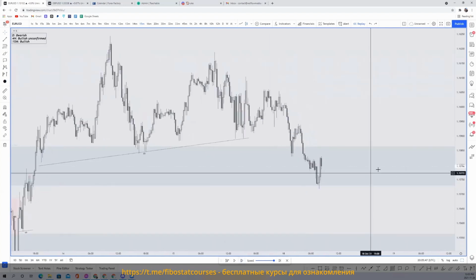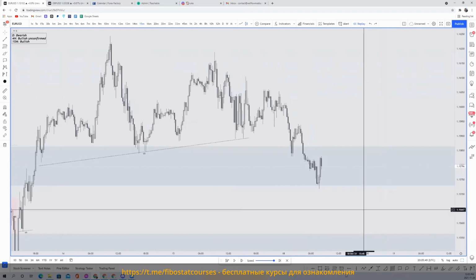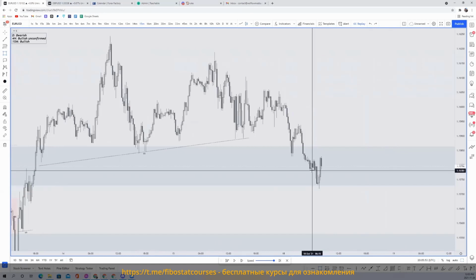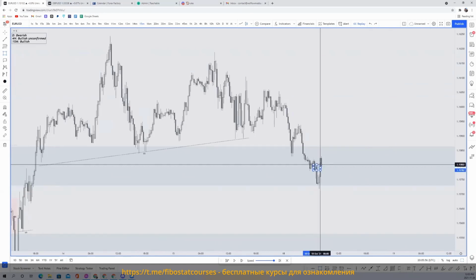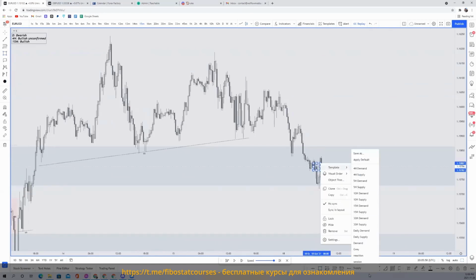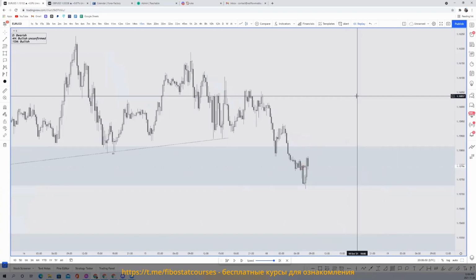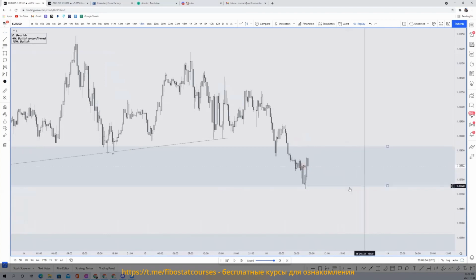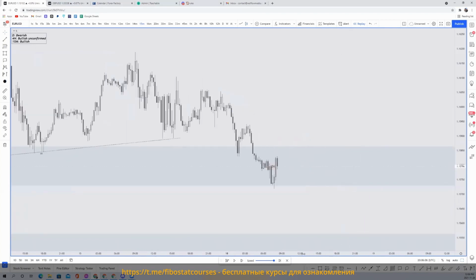So that's your change of character right there. For me, this would be our last 15-minute demand zone, or supply zone, I should say. So that's a change of character. Right away, there's 2 ways of pulling the POI here.